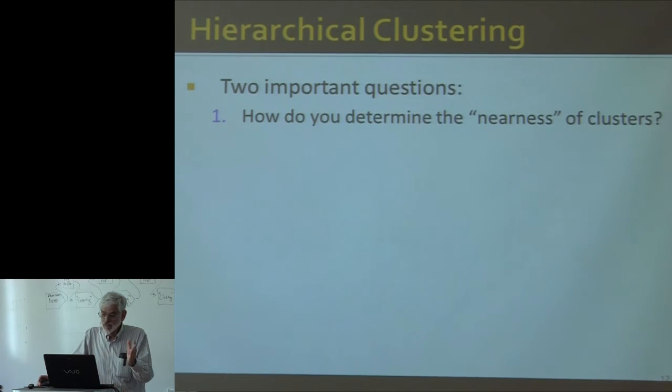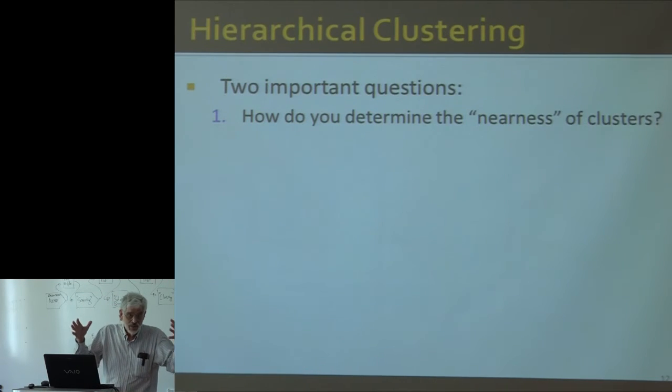But again, I do have to admit that there are different data sets. The clustering will work better depending upon how you define distance, how you define nearness, how you decide when to stop agglomerating clusters.